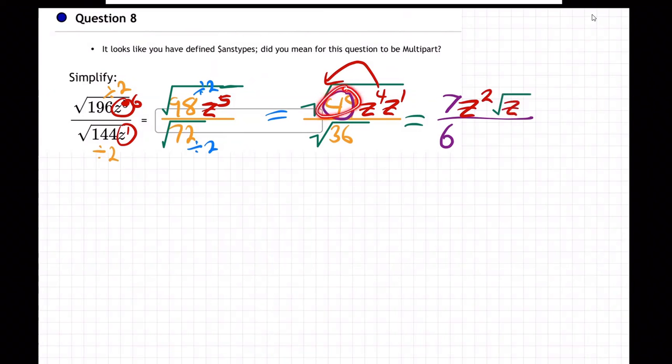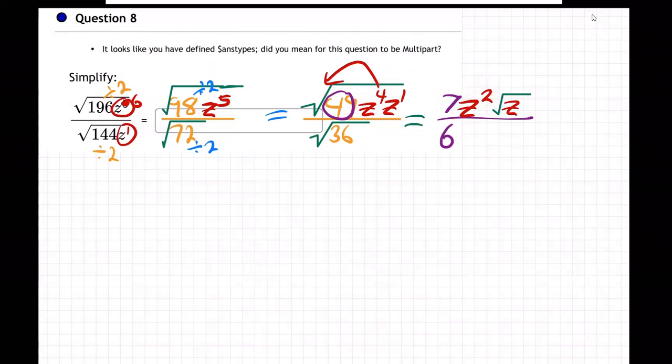Remember, whenever you square root a number, the root is no longer over that number. It did its job on that number. So the square root of 49 is 7, no longer has a root on it. And the square root of 36 is 6, no longer has a root. And the square root of Z to the 4th is Z squared, right? Whenever you do the 2 for 1, there's no longer a root over that piece.